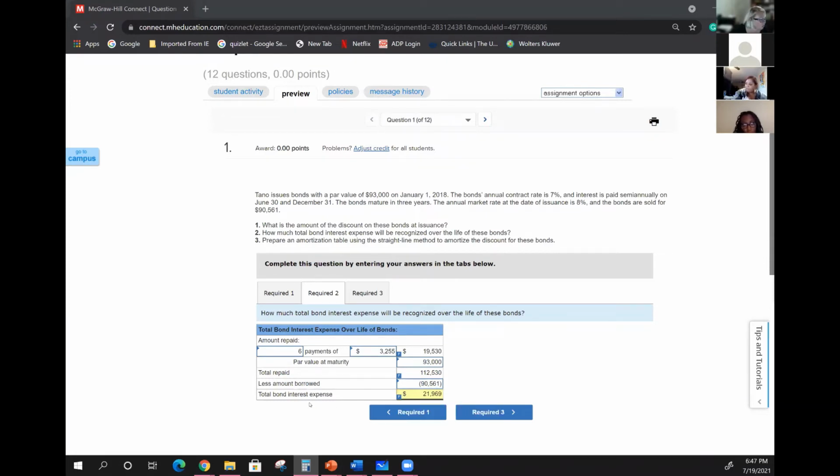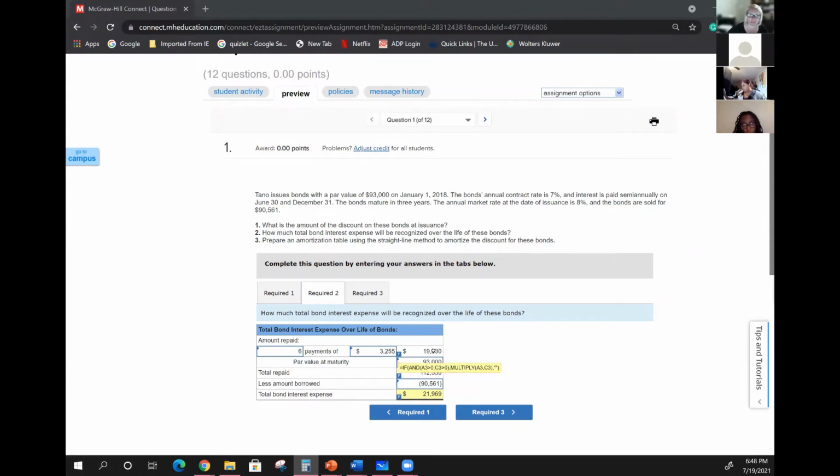So my total expense is more than just the interest payments, and the reason is that the difference between the par value and the amount that I sold the bond for is going to get expensed over a period of time. Hopefully that makes sense.